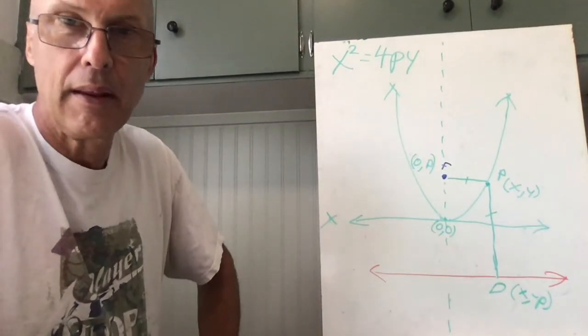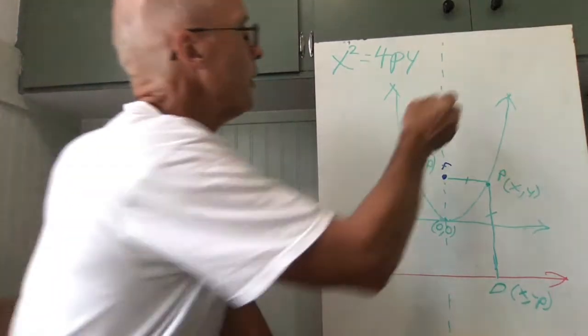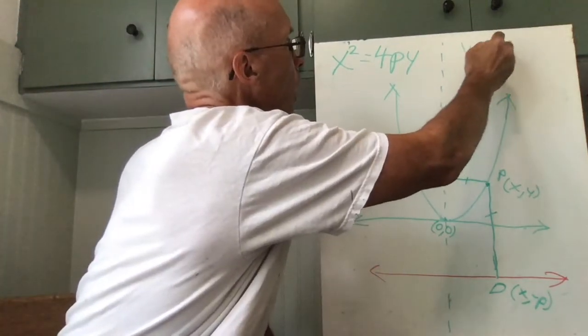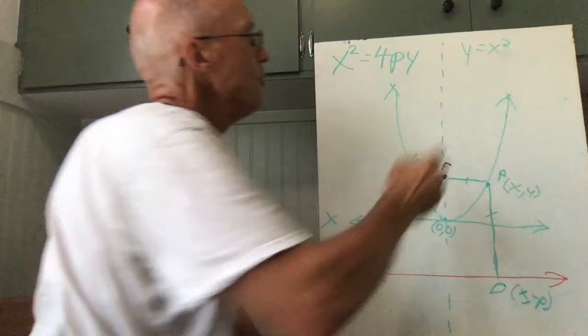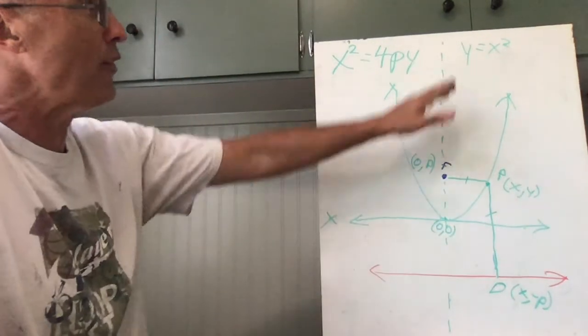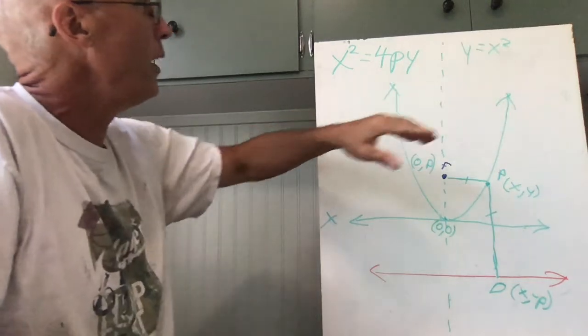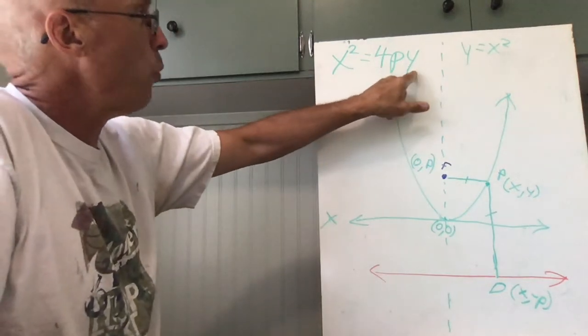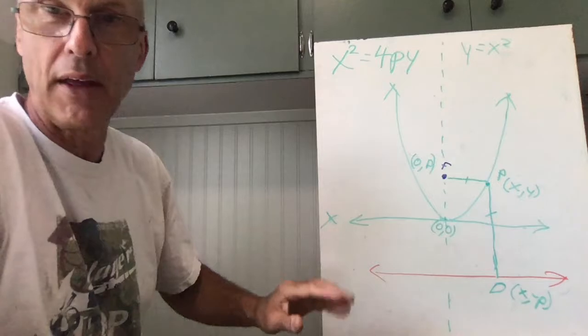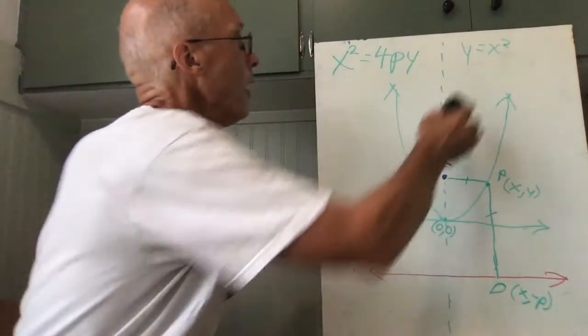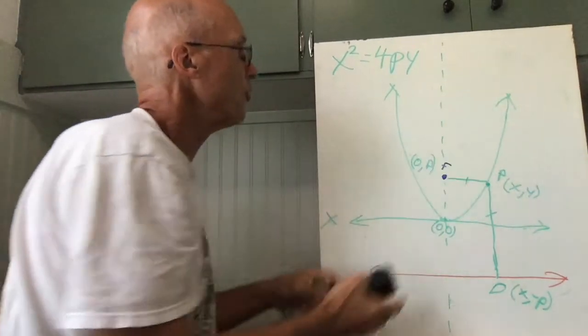Okay? And remember from algebra, you know that y equals x squared was a parabola. We might have put a number in front of it, but it's still the same thing, okay?